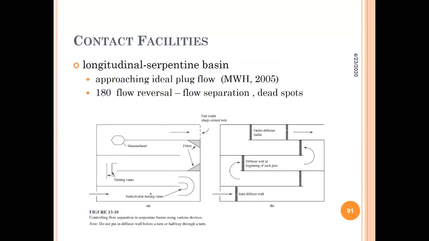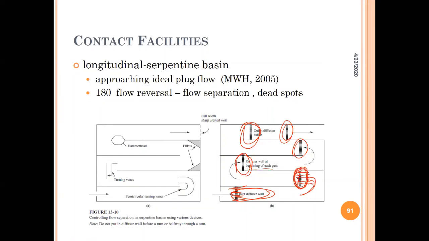Another way of avoiding mixing during turning is to provide a diffuser wall, at the beginning of each pass, here and here and here. The purpose is that water just goes in elements like this and does not mix.